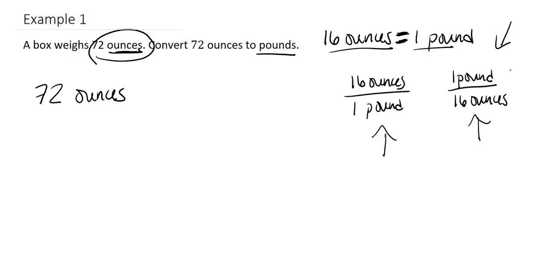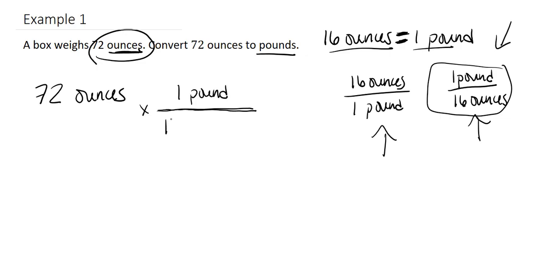We're going to use this one because we want to cross out our ounces. In order to do that, we need to put the ounces on the bottom. So we have 16 ounces that go right there. This way, ounces can cross out and we're left with pounds.